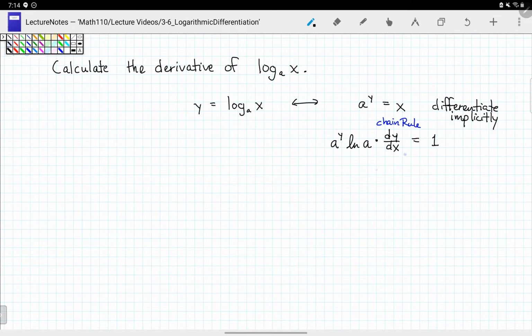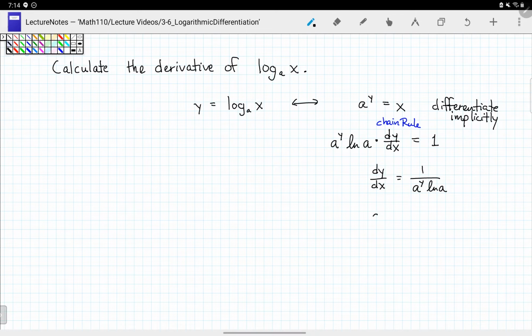So solving for dy/dx here, we have dy/dx is 1 divided by a to the y times the natural log of a. And now we use the fact that a to the y is equal to x.